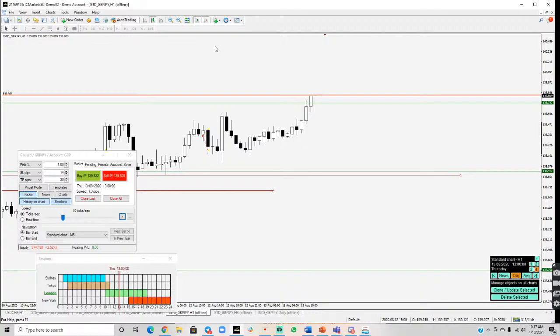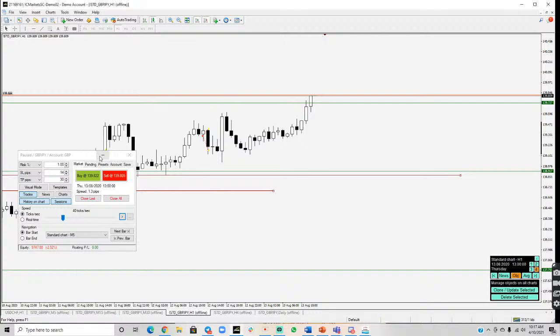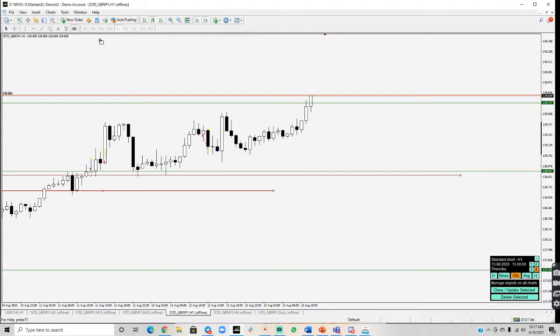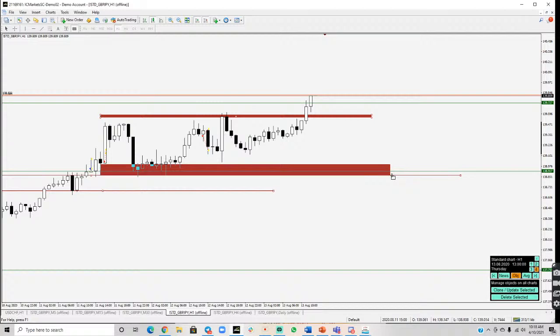Now you come to the candle at 6. Again, you want to identify your zones. So looking at this right now, guys, we have a support here. All right, we have a resistance here. This is the low of the range we are currently in.